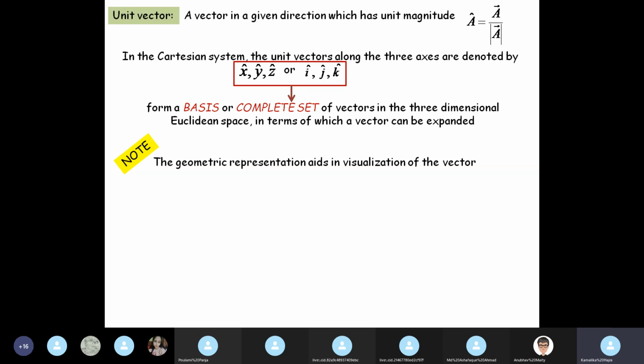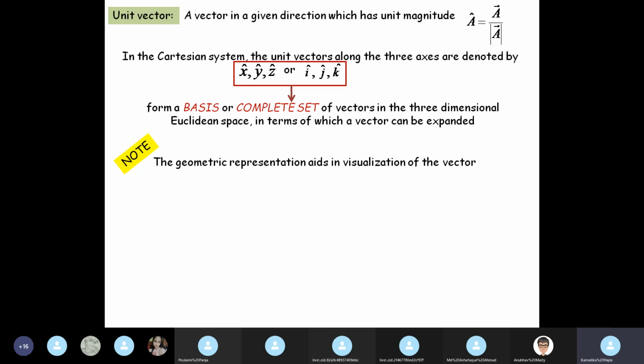So it gives you a visualization at once. However, working with pen and paper, using this visualization is not very convenient. When you need to do problems, just the line segment with the arrowhead is not of much use.